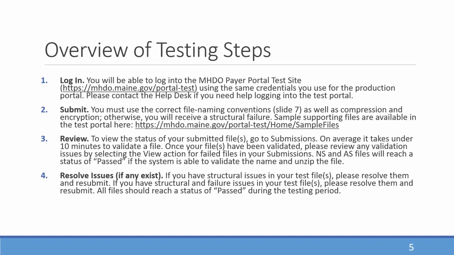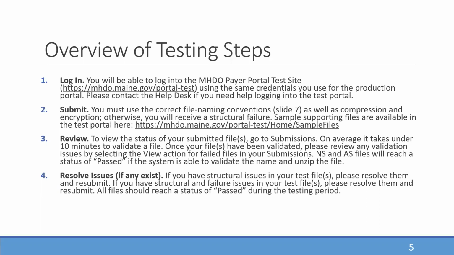After submission, you'll review the status of those files by going to the submissions menu within the test portal. On average, it takes under 10 minutes for files to validate, sometimes a little more if there's a lot of activity, but certainly within an hour, hopefully.